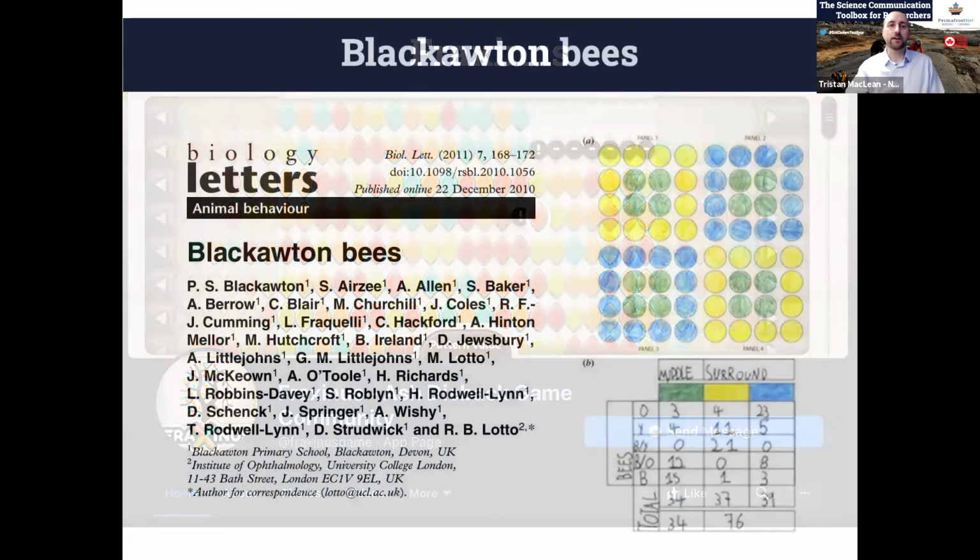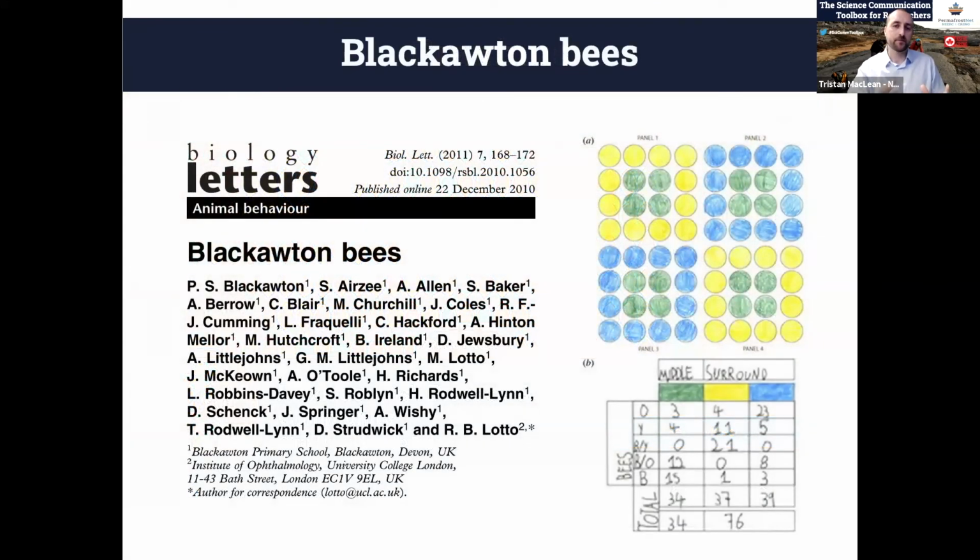One of my favorite examples of really involving people in research is the Blackawton Bees paper. This is actually a research project that involved collaborative research from the very outset between researchers and, in this case, elementary school students. So young students came up with the research questions, and they came up with the methods and the procedure they were going to use to carry out their research.